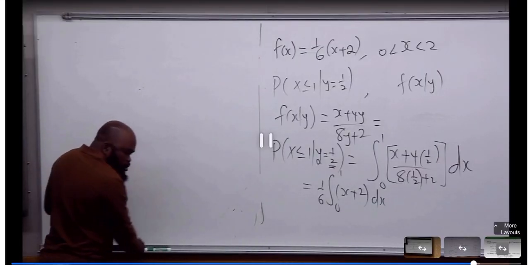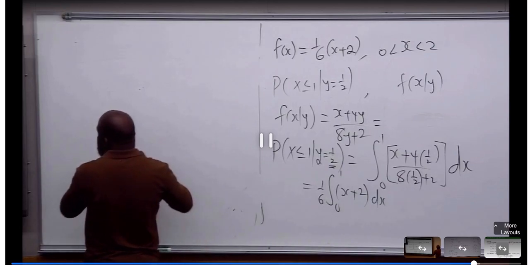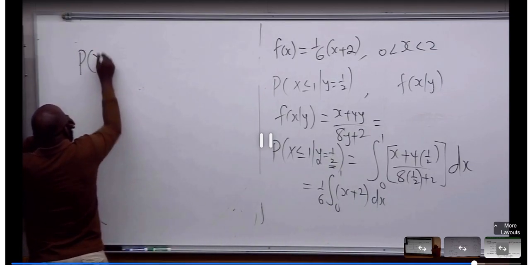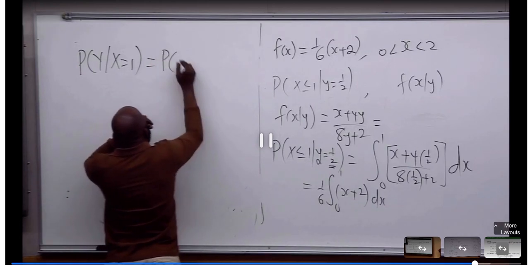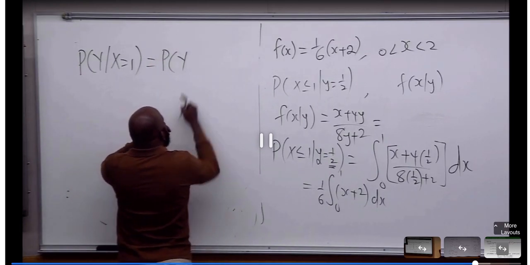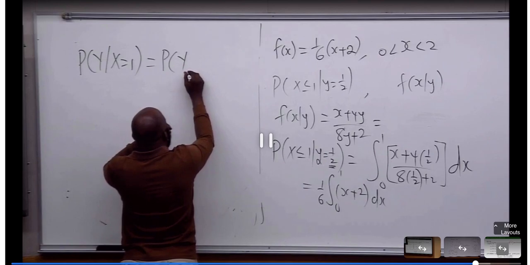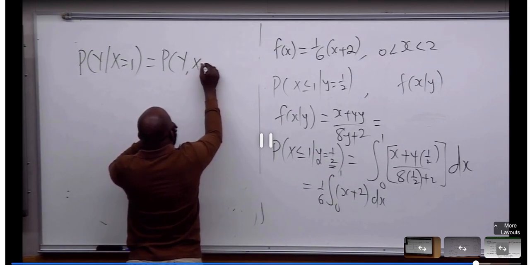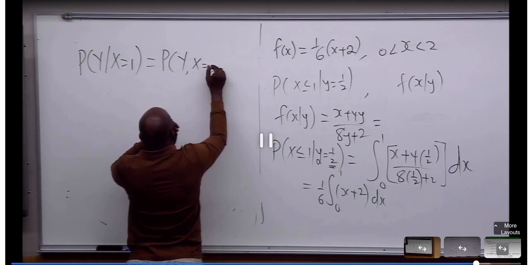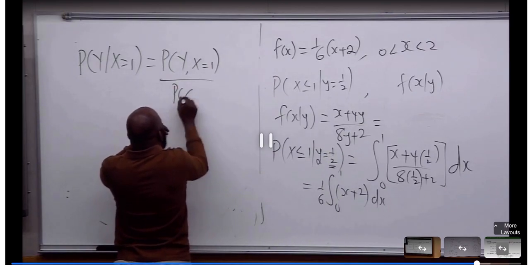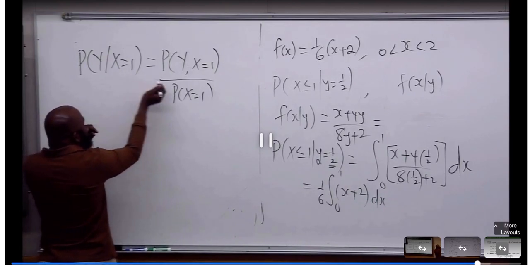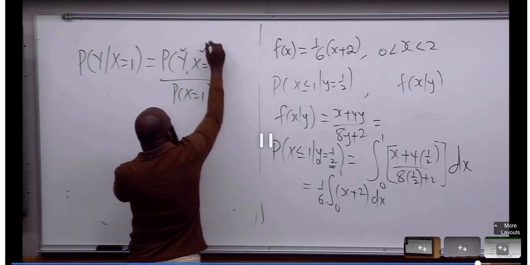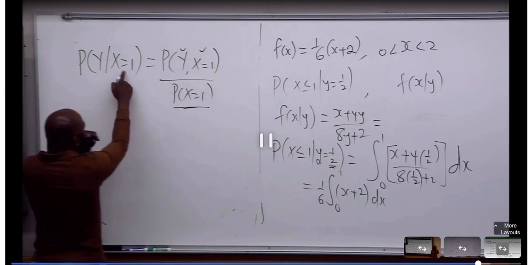What we want to find is the probability of y given x equals 1. That is the probability of y, given that x equals 1, divided by the probability of x equals 1. If you want to go by the formula, this is the joint, and of course divided by that.